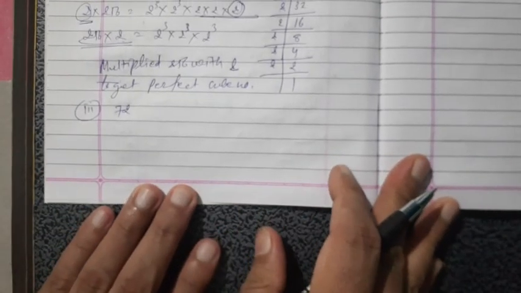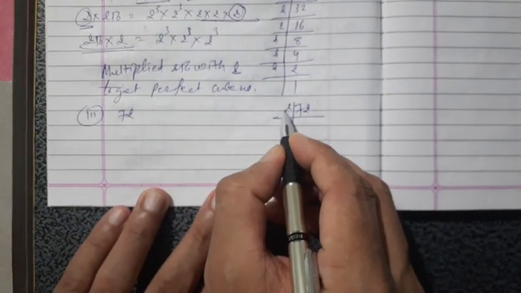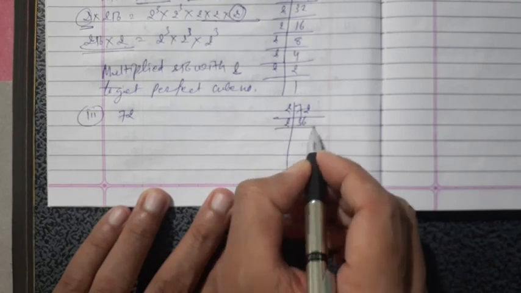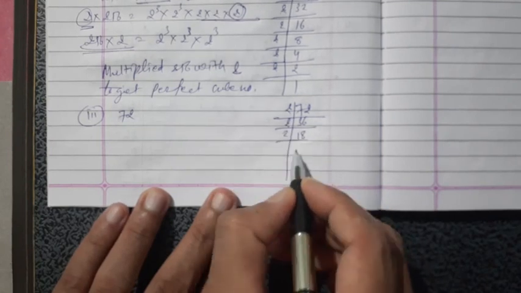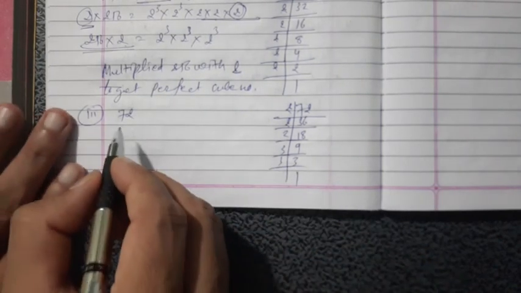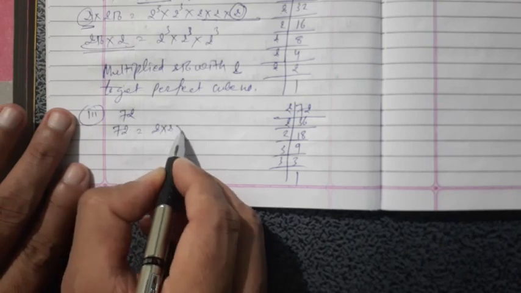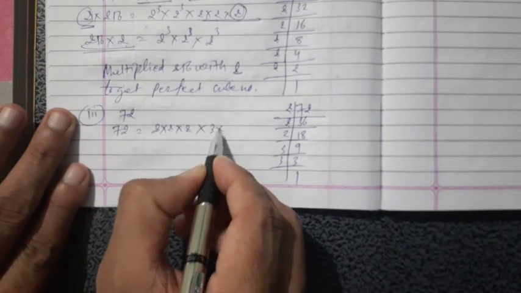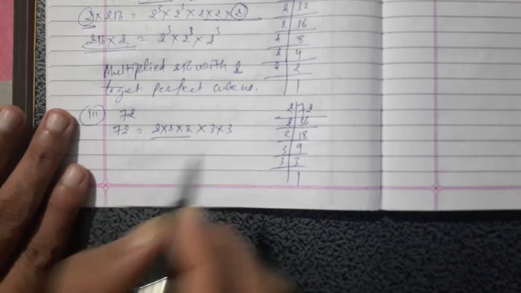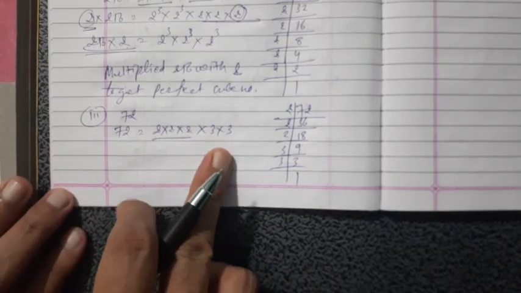Okay. Same for the third one, 72. Just factorize that one. Look, 72, 2s are 36, again 2s are 18, 2s are 9, 3s are 3, and 3s are 1. So 72 equals 2 into 2 into 2 into 3 into 3. Here 2 is 3 times, but 3 is only 2 times, and we need 3 times.